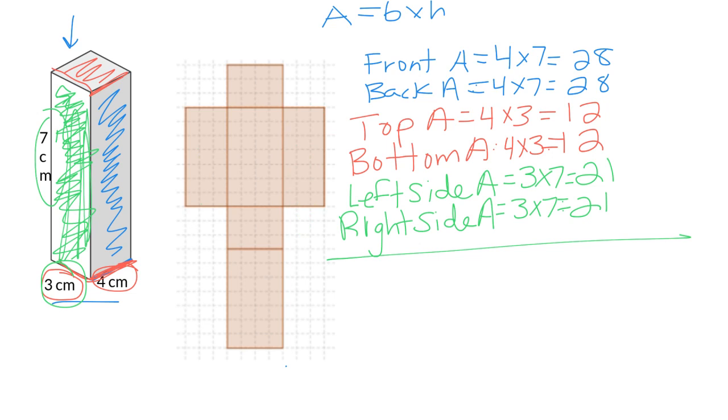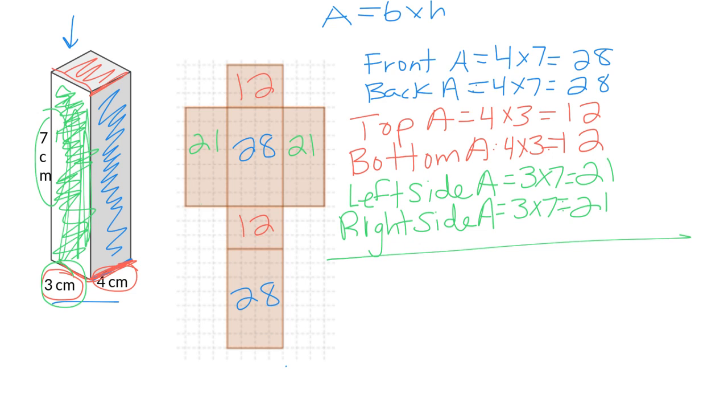Try and use the same colors, so 21, 21, 28, 28, and 12, and 12. Okay, now for us to find our total surface area, what we're going to have to do is add all of these up.